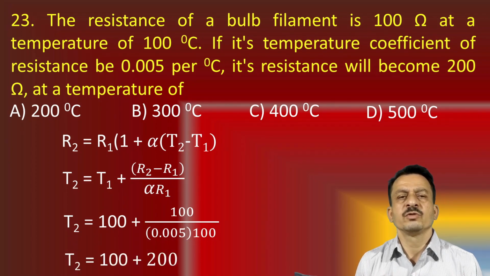Now after simplification we will get 100 plus 200, that is 100 gets cancelled. 1 divided by 0.005 is 200. 100 plus 200 is 300 degrees Celsius. Hence B is the right answer here. Move on to the next problem.